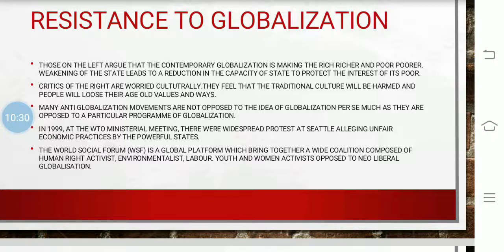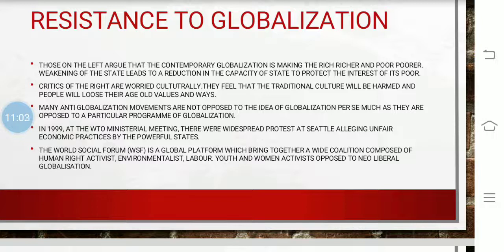So what happened in one of the meetings of the WTO in Seattle, in the USA, is that people protested against the policies. They protested that because of this globalization, imperialism has started, meaning it is a kind of colonization, where certain countries are controlling the entire globe. So people are just against that.